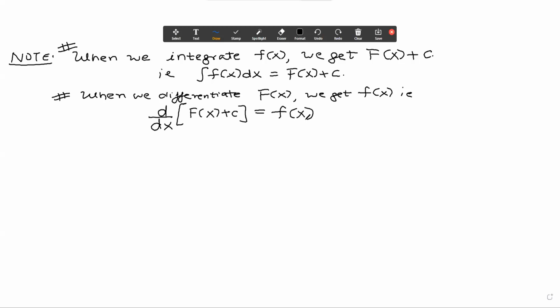So integrating small f of x gives us capital F of x plus C, and differentiating capital F of x plus C gives us back the function small f of x.